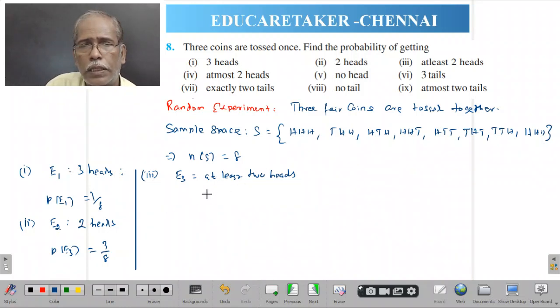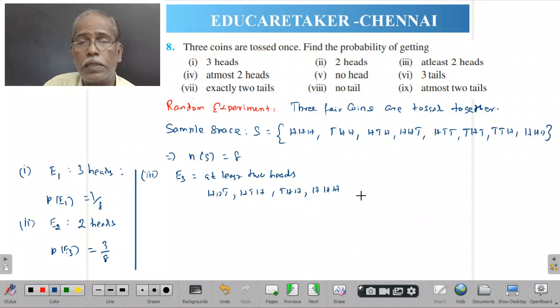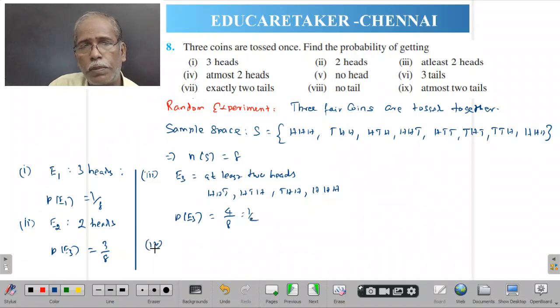So 2 heads 3 possibilities, and we have to include 3 heads also. These are the favorable sample points, so P of E3 is 4 over 8, that is 1 by 2. Clear?